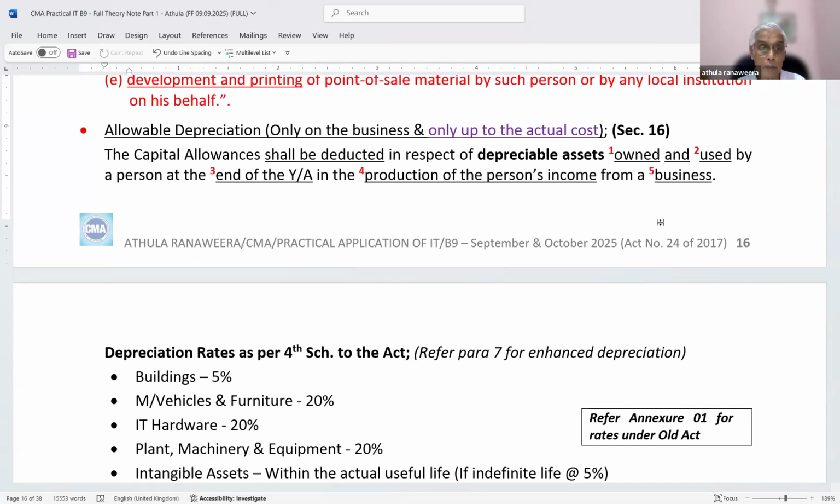The depreciable asset is explained in the 4th schedule, right? Then you have to follow that 4th schedule. In addition to that, it is defined in section 195.